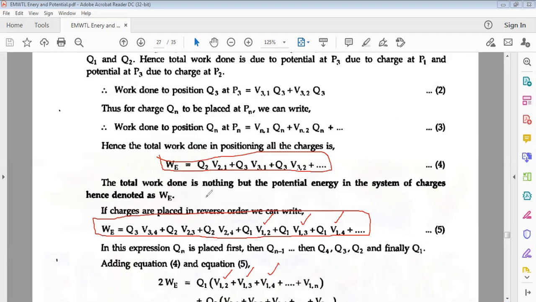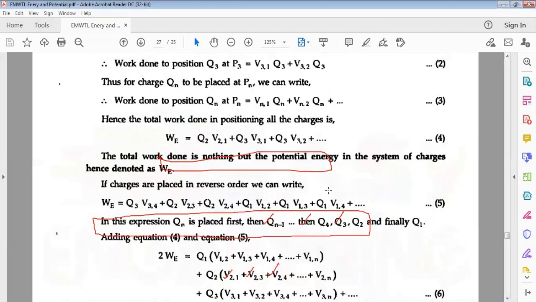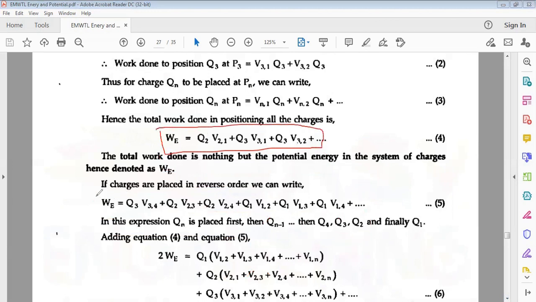Then the charge Q2 we can take as common, Q2 into V21, V23, V24, and so on, V2N. Now it is Q2 common in both terms.